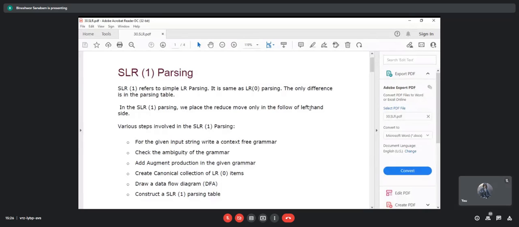So I assume that everyone is familiar with LR0 parsing. So we're going to discuss SLR1 parsing. It's pretty much similar to LR0 parsing, as I mentioned before.